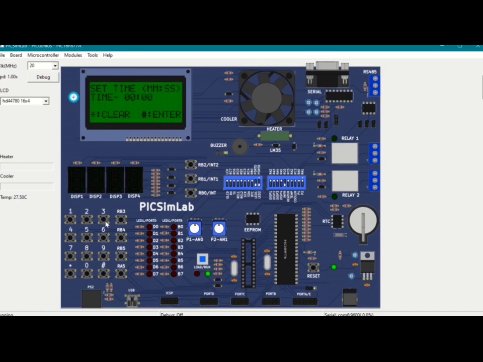There are two keys, star and hash. Star is used for clear and hash is used for enter. If I press hash, it will be started. You can see the microwave oven has been started. The fan is rotating.